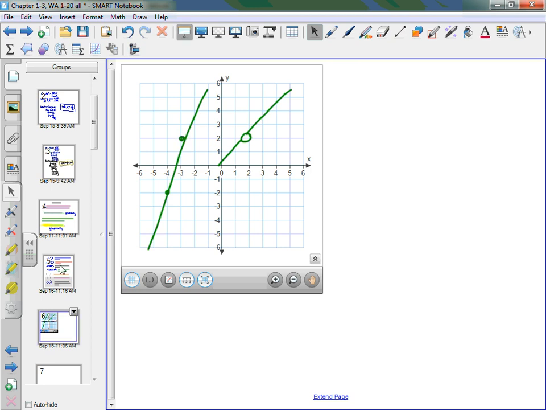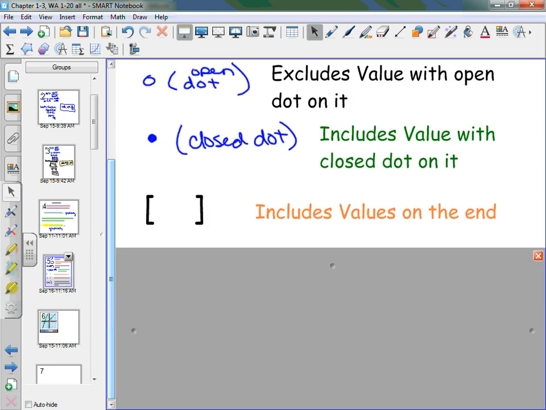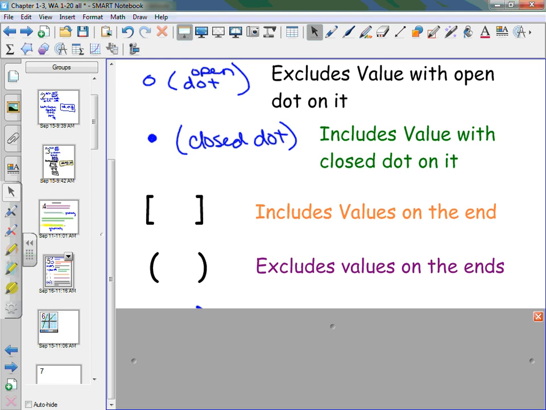All right? Now, this is interval notation. The brackets mean it includes the value at the end, and the parentheses mean it's excluded. This is for interval notation.